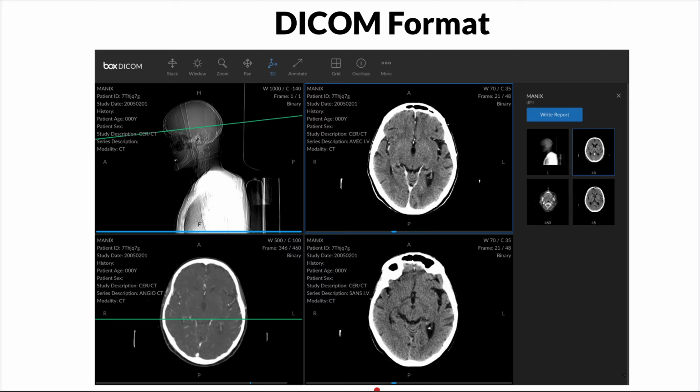It's also a convention that all medical modalities, which is the equipment, need to agree on in order for us to share files, and for two modalities to communicate and share resources and files. This is where DICOM comes in.